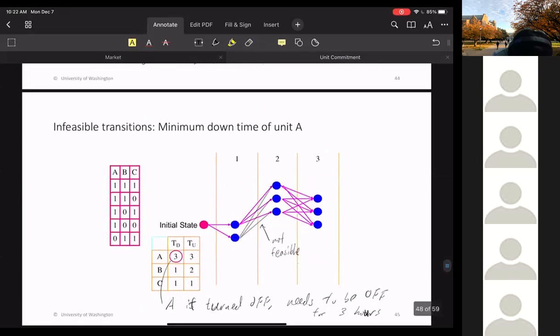So let's pick a particular path. Let's say we're going from this blue dot to this blue dot, from time period hour 1 to hour 2.